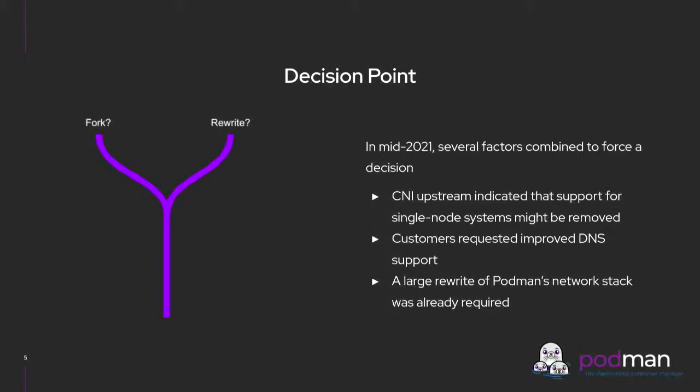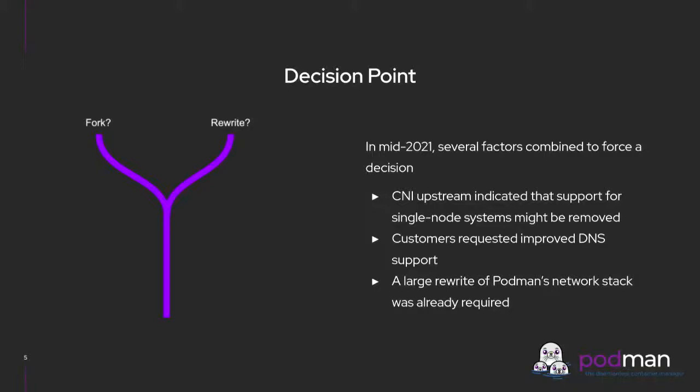Podman needs networking to be able to work. If CNI deprecates what we're doing, we need to have an alternative because we can't just say, no networking, your containers are broken. And the CNI maintainers' position is also understandable. This isn't their job, to support us, and they feel like they're spending too much time on supporting it.